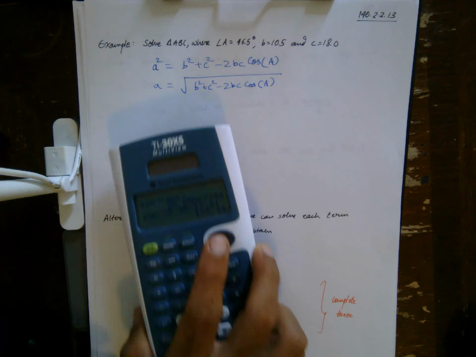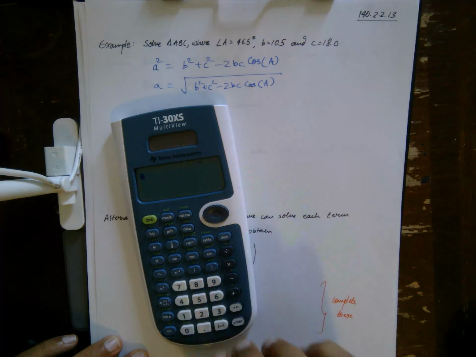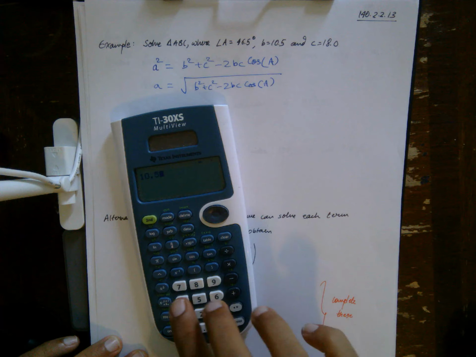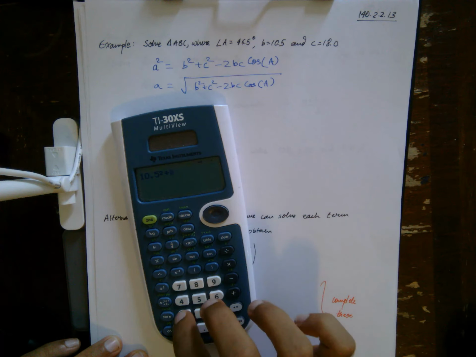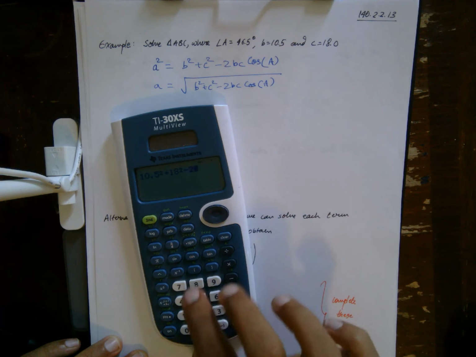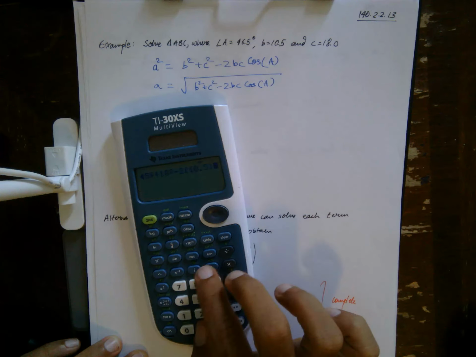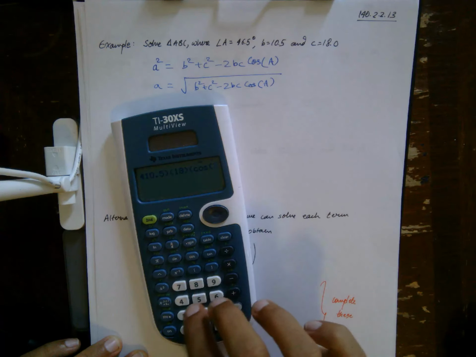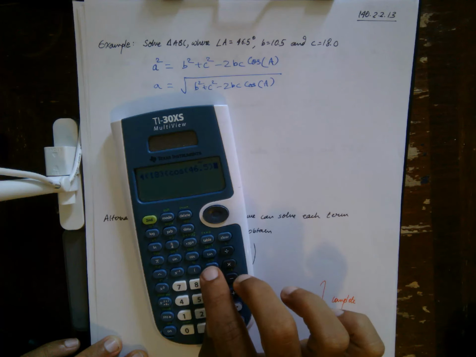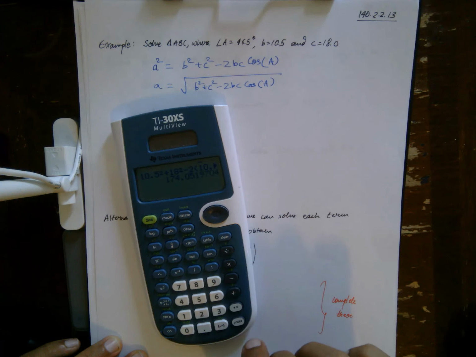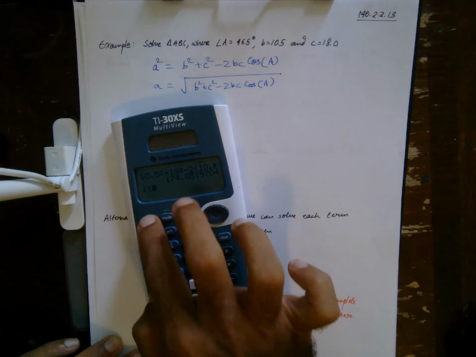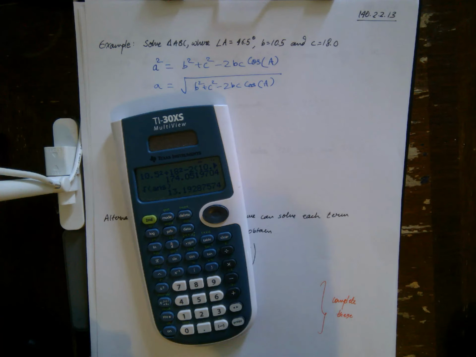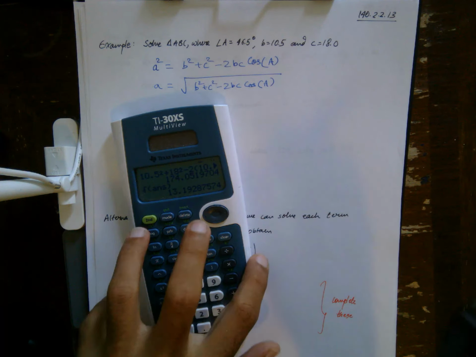Not much to do here but plug in 10.5 squared plus 18 squared minus 2 times 10.5 times 18 times cosine 46.5. And then we take the square root of the answer obtained, 13.12.